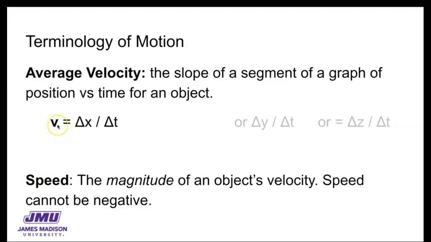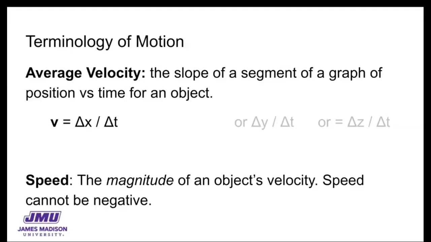Algebraically, you would get the positive velocity or negative velocity by whatever the sign of your displacement is. And that should make sense. An object that's moving in a negative direction will have a negative displacement and therefore have a negative velocity. And all those negatives mean is it's moving to the left on our screen.